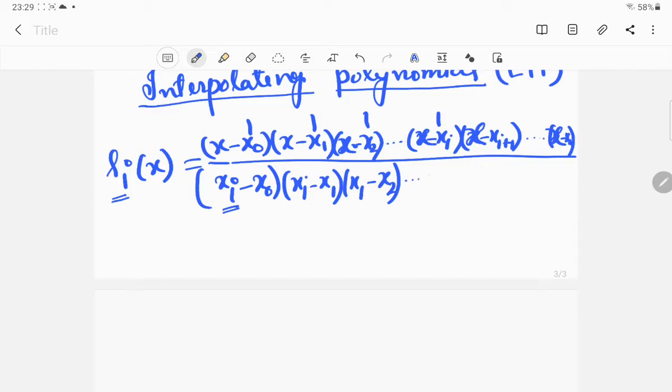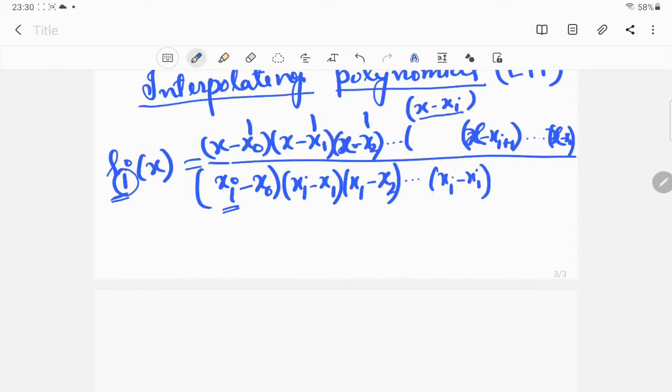Be careful to write it. I made a mistake, just let me erase one thing. You can see that this is Li. So when you write the terms in the numerator, you can never use the term x minus xi, because if you use x minus xi in the numerator, there will be an xi minus xi.